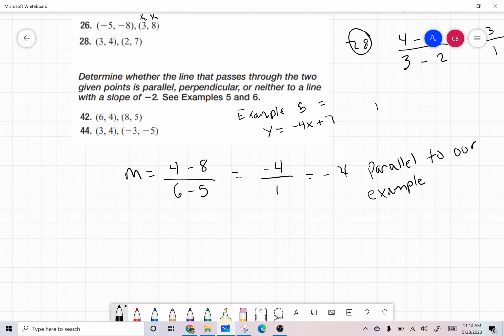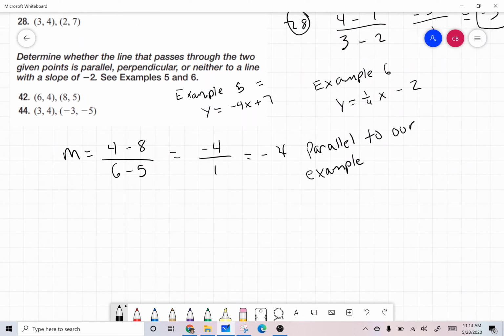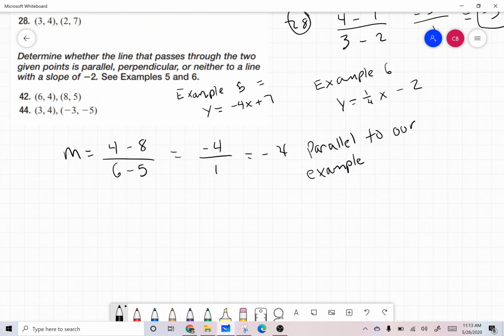Let's say that example 6, y is equal to 1/4 x minus 2. Well, this one's a little bit trickier. It could be neither, it could be perpendicular, but it can't be parallel because the slope is not the same. It's not negative 4.